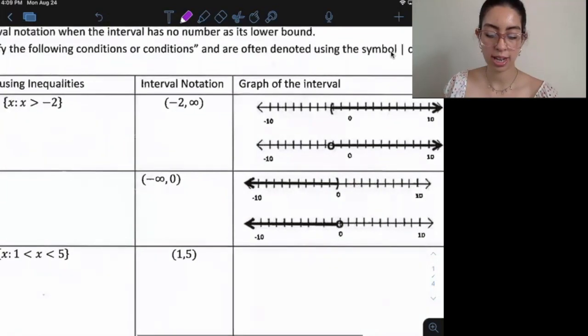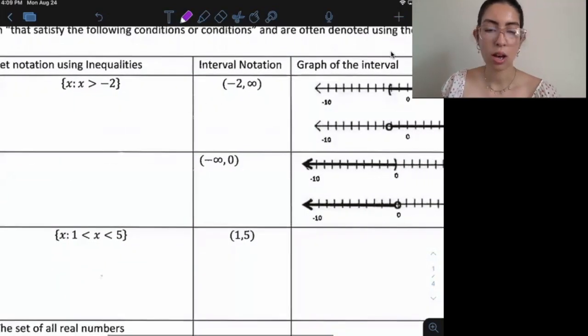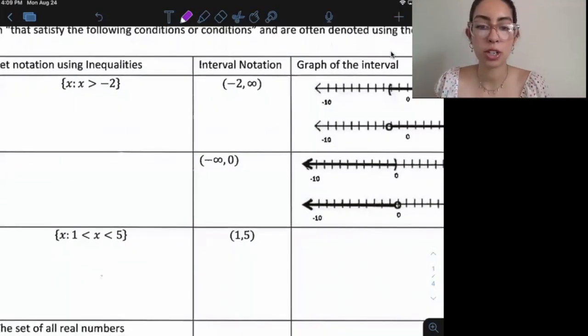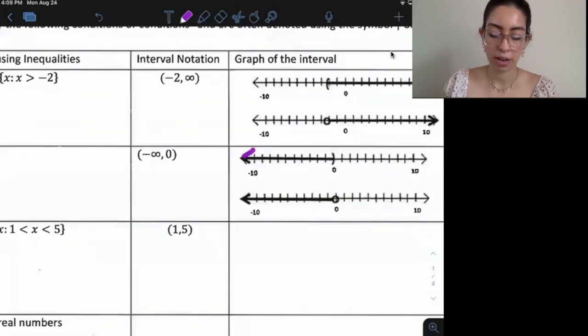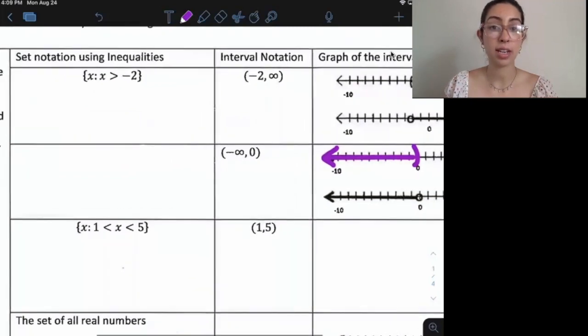You just pick one example that you like and just go with that. So for the next row here, we're given the interval notation from negative infinity to 0. And we see the graph here. The arrow is going in the negative infinite direction, and then we have an open circle or parentheses at 0. So we want to write this as set notation.